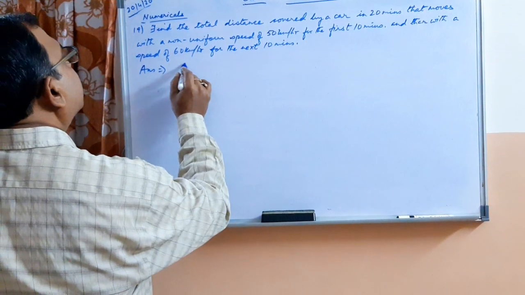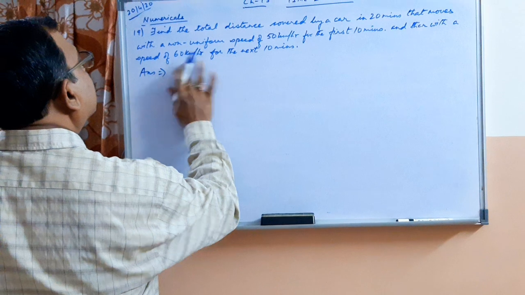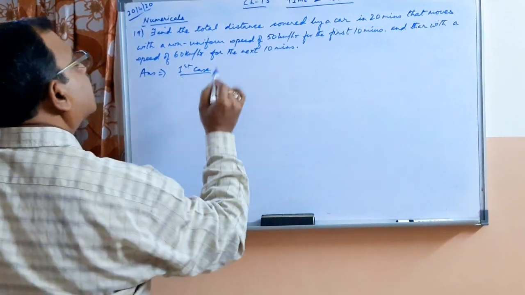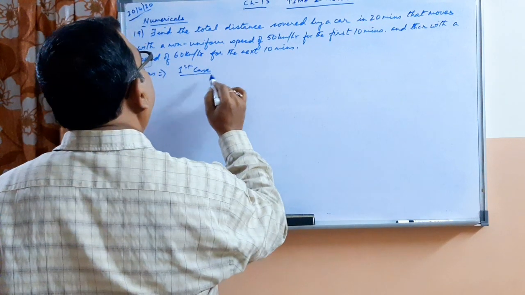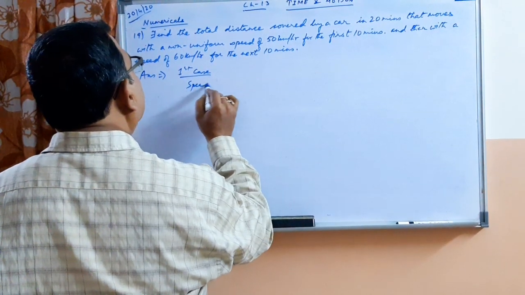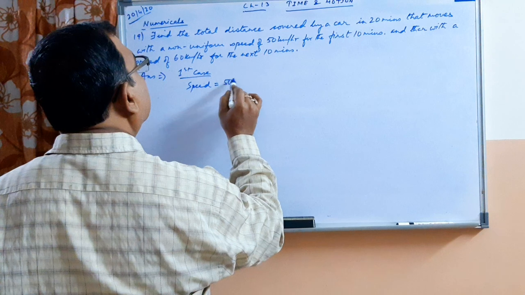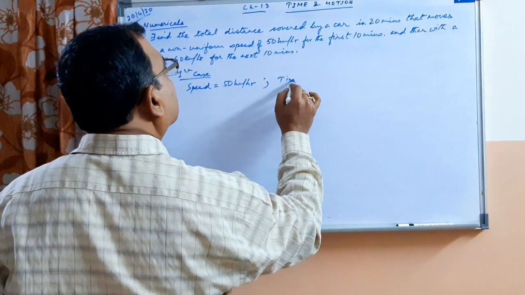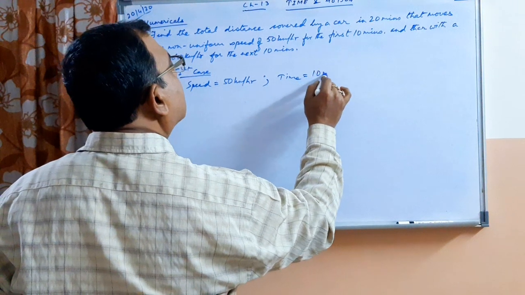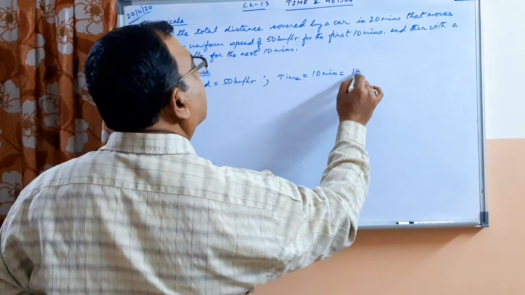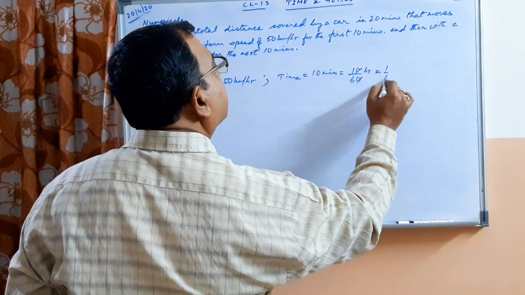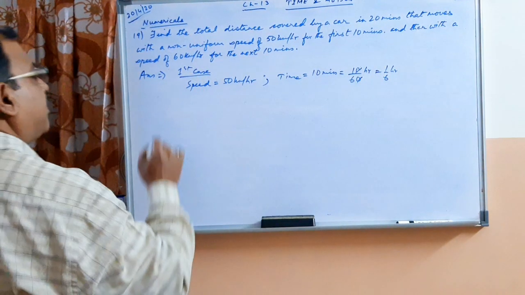So the first speed, first you write, first case, speed is equal to 50 km per hour, time is equal to 10 minutes, that is 10 by 60 hour, that is 1 by 6 hour, right?